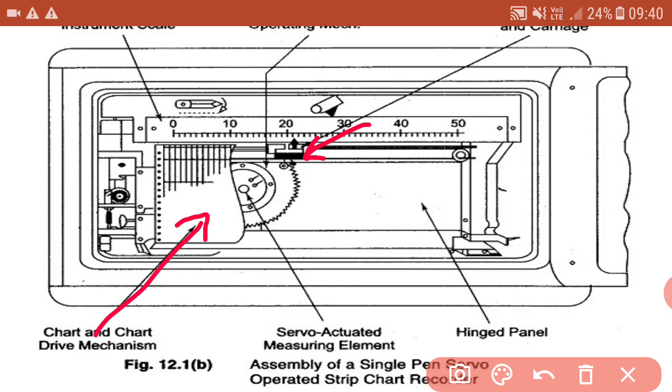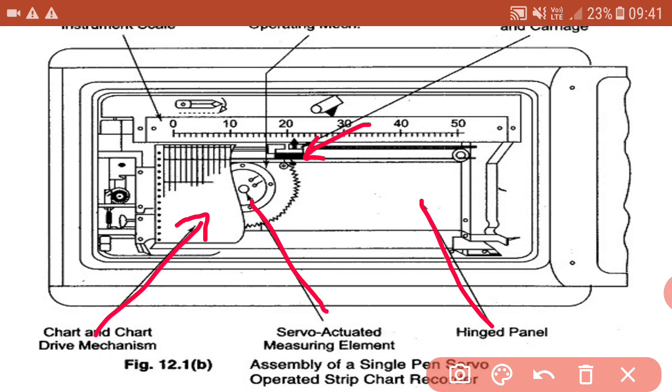This one is the servo actuated measuring element, inside this there is a servo motor. This one is the hinged panel. So these are the main parts of a single pen servo operated strip chart recorder.